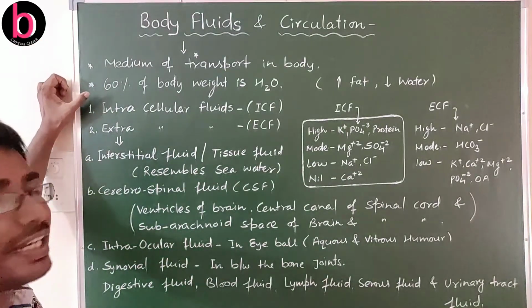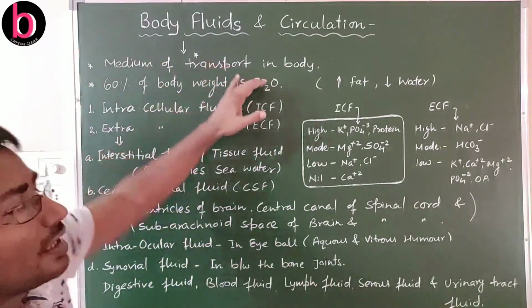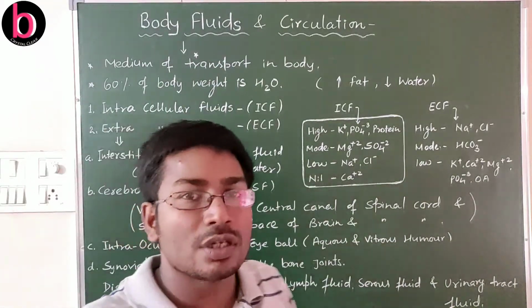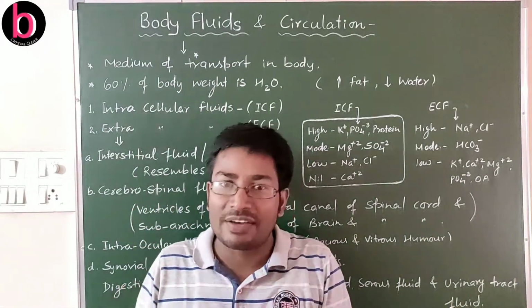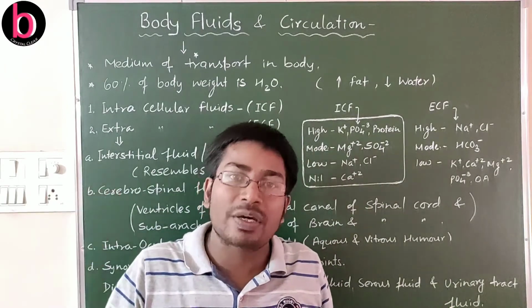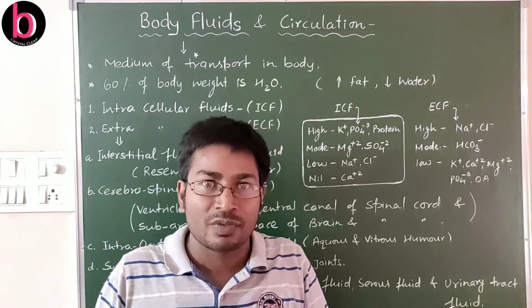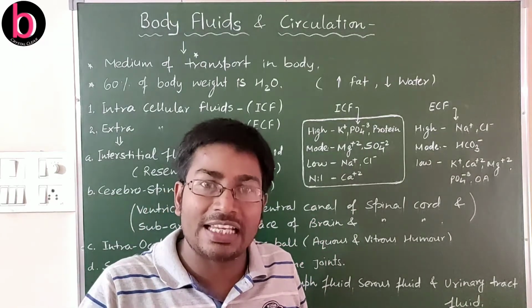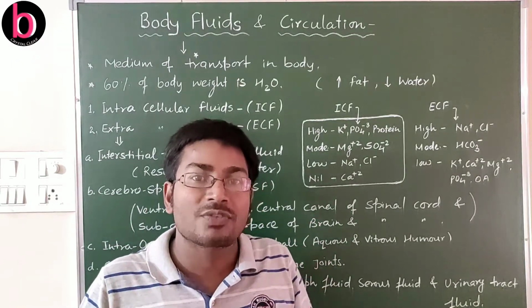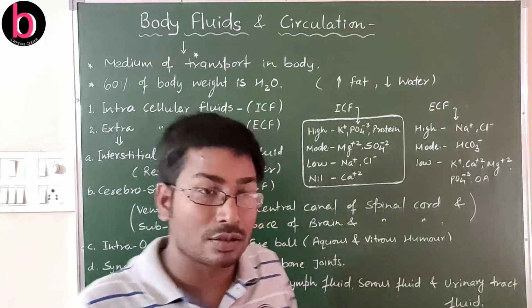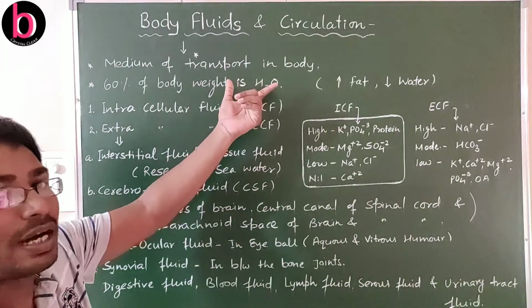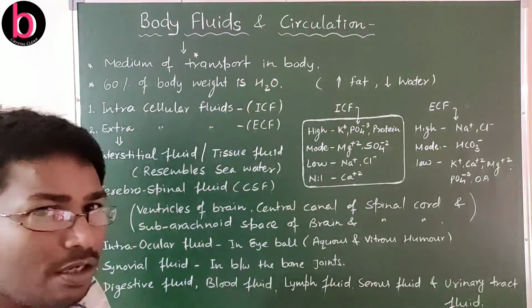Here, 60% of an individual's body weight is made of water. For example, suppose there is a person of 70 kg weight, so 60% of that is nearly 42 kg. So in a 70 kg person, there is 42 kg of water. We can imagine how much weightage of water there is in an individual's body.